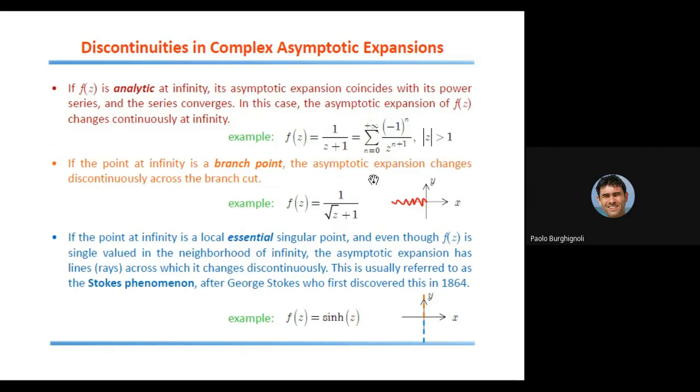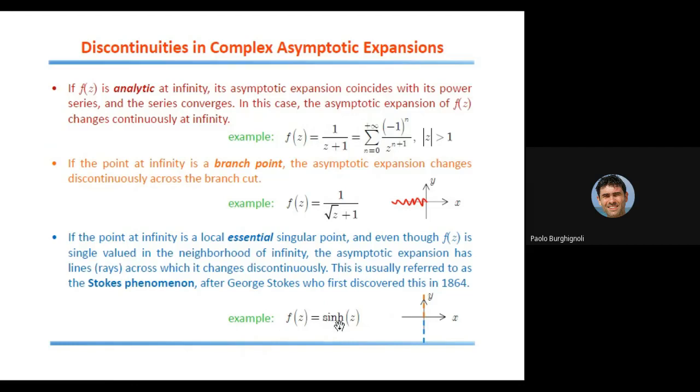In this case, for the square root function, we need to join the origin, which is a branch point, with the point at infinity, which is another branch point. We can do that, for example, along the negative real axis. But if we do that, then we have a discontinuity by definition across the branch cut, and also the asymptotic expansion will be therefore discontinuous across the cut.